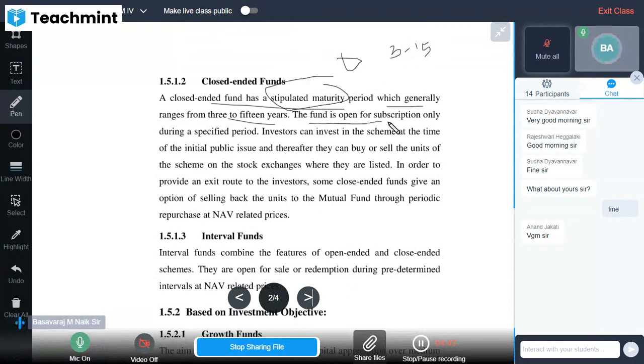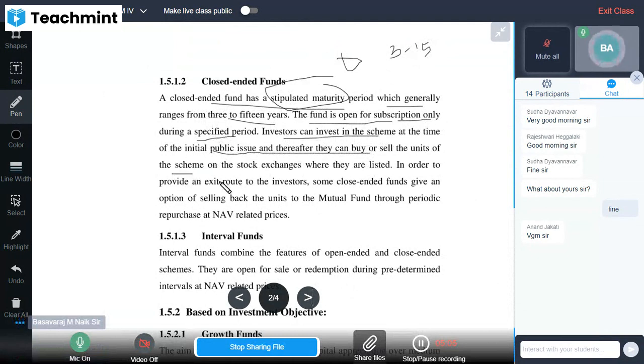The fund is open for subscription only during the specified period. Investors can invest in the scheme at the time of the initial public issue. Thereafter, they can buy and sell units.